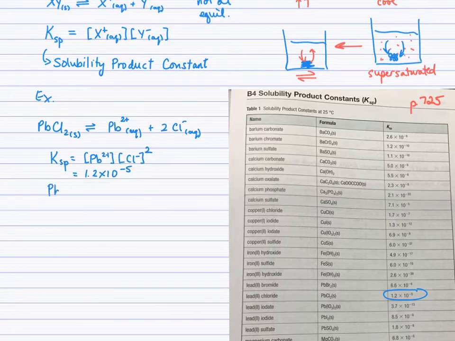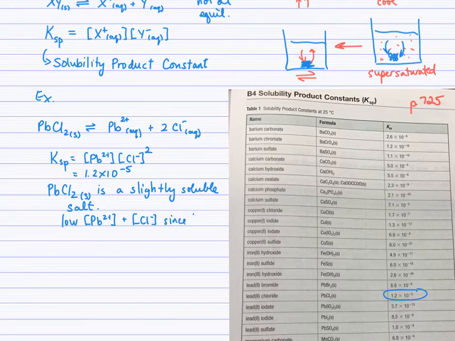So PbCl2 solid is only a slightly soluble salt, right? It has low concentrations of Pb2 positive and the chloride ion, and we know this because KSP is low.